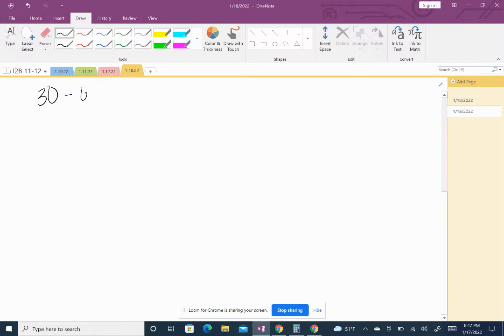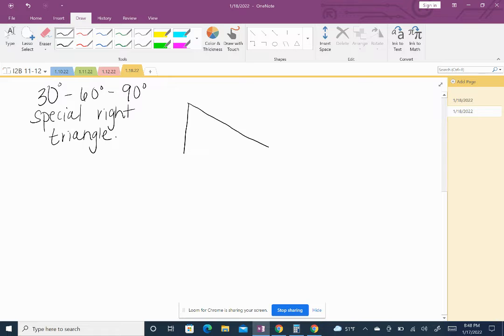Okay, 30, 60, 90 special right triangle. So when we have a 30, 60, 90, we know that it's going to look something like this.